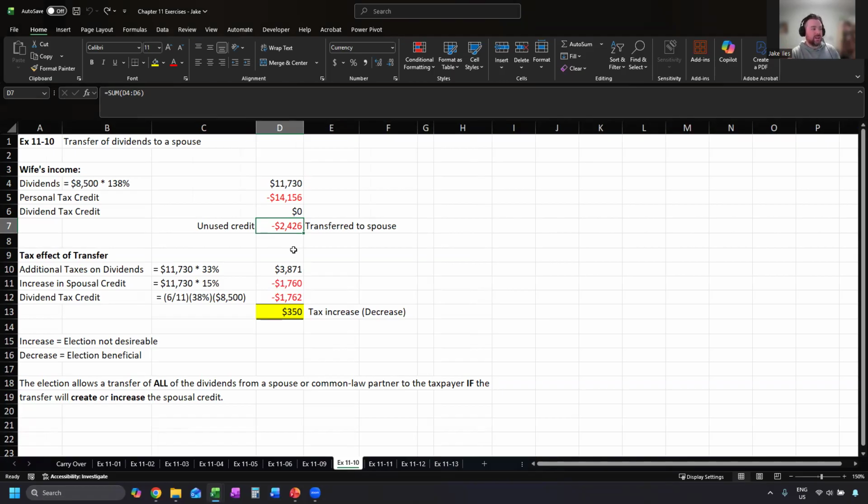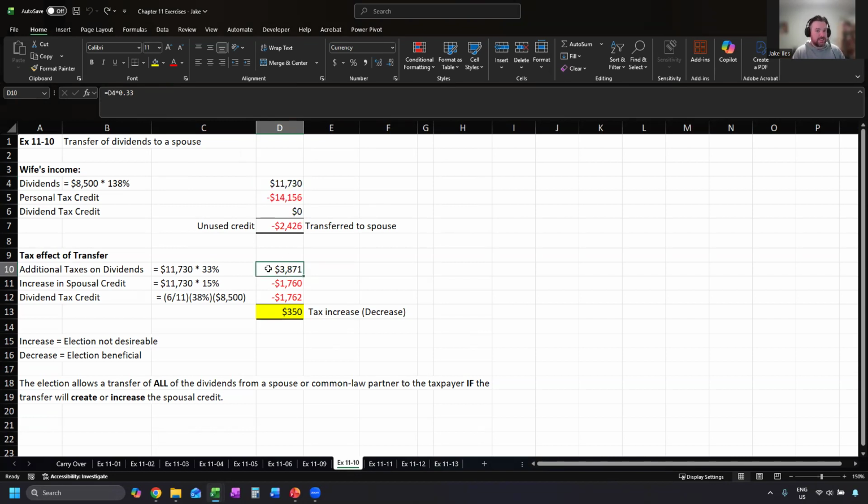But what if we transfer the dividends? If we transfer it, Mr. Ho's going to have additional taxes on bringing in those dividends. Since the gross amount is 11,730, 11,730 at his tax bracket of 33% means he'll have additional taxes of 3,871. Remember, under this situation, those dividends are not resulting in any taxes payable.